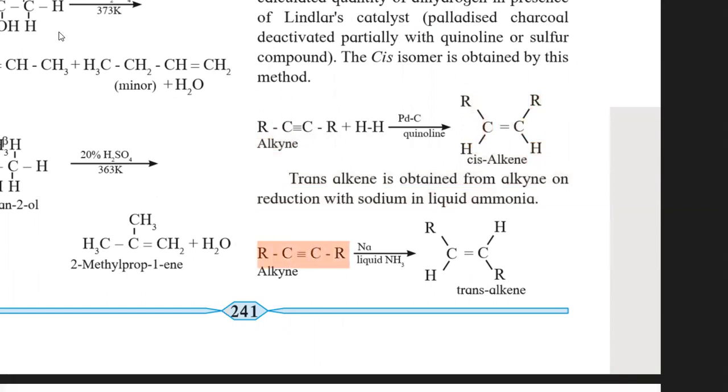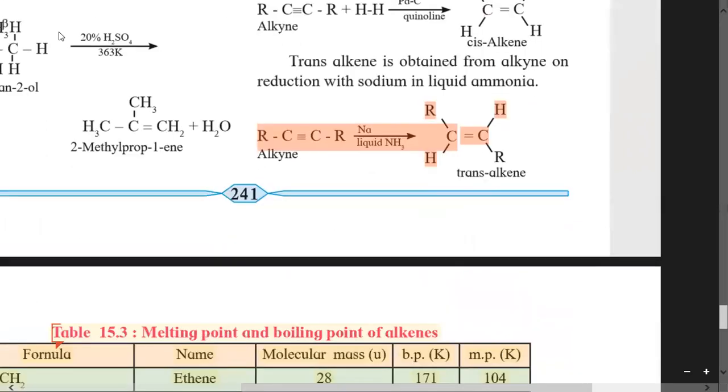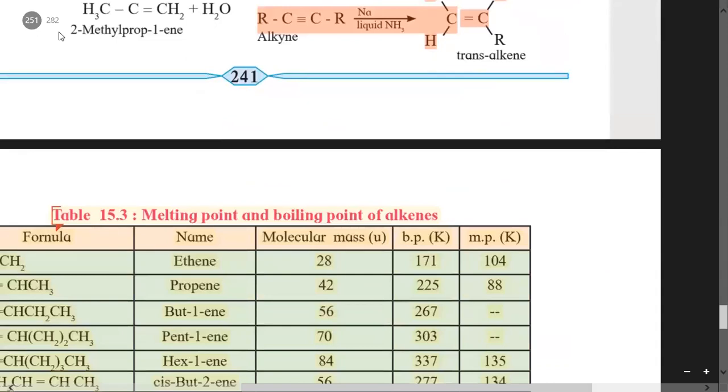RC≡CR, this is alkyne. In the presence of sodium and liquid ammonia, addition of hydrogen takes place across the carbon-carbon triple bond and gives the trans alkene. This addition takes place from the opposite side of the bond.